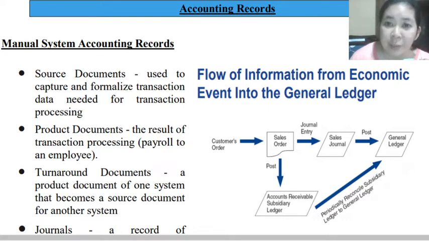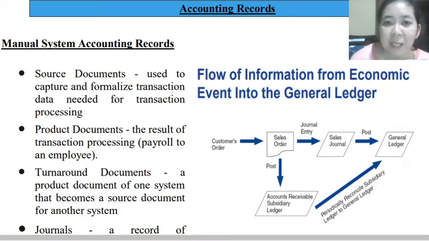So first, of course, there will be a customer's order. Normally the customer's order has source documents as well. We will discuss this in detail in the specific transaction cycle topic that we will have later on.